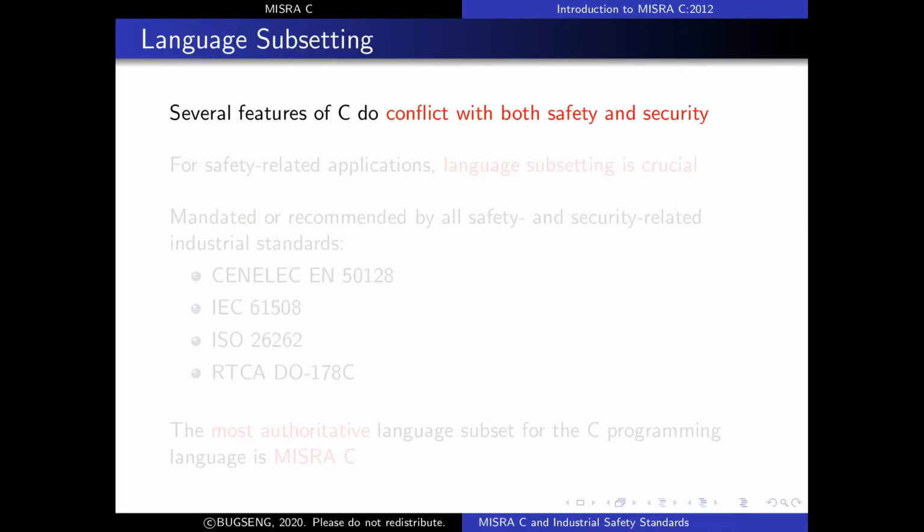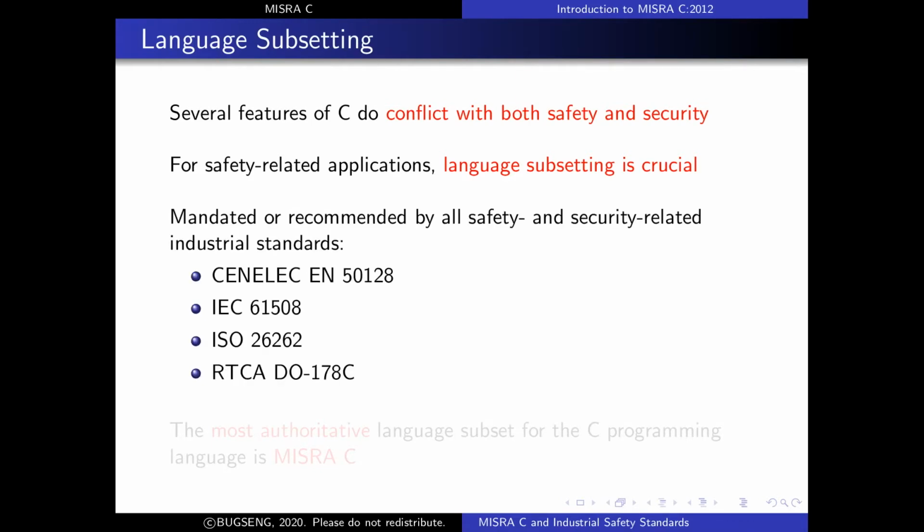So several features of C conflict with safety and security. What is the solution? The solution that industry adopted is a very pragmatic one. It's called language subsetting. You don't program your systems in C, you program them in a subset of C where the chances of committing critical mistakes are very much reduced.